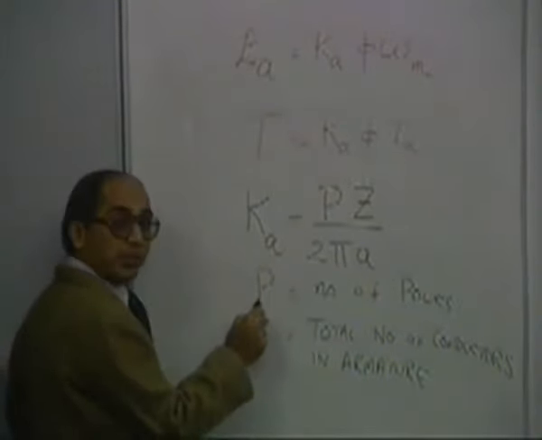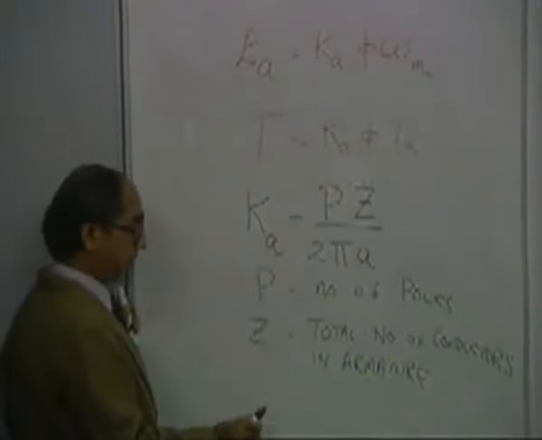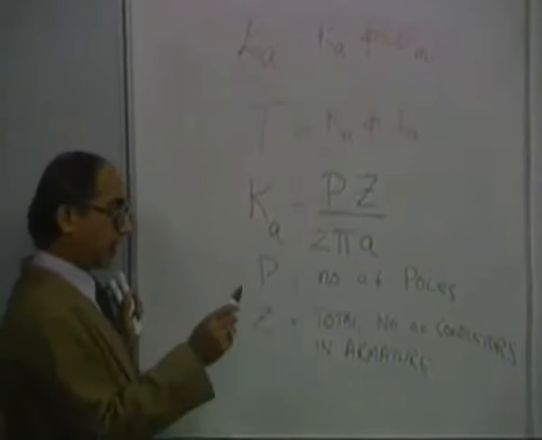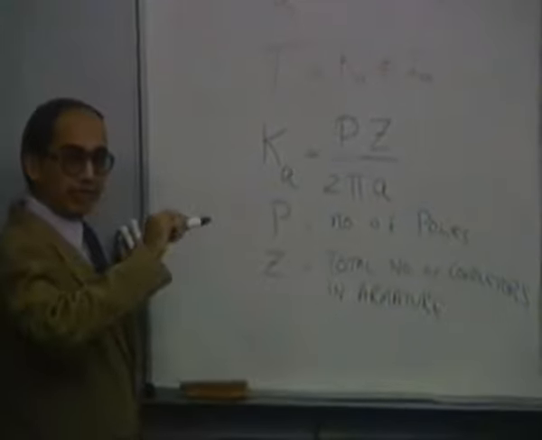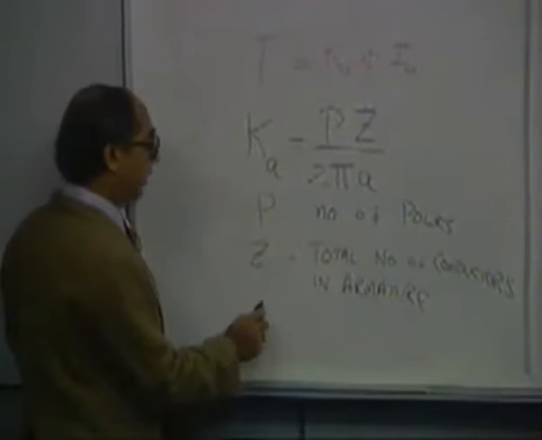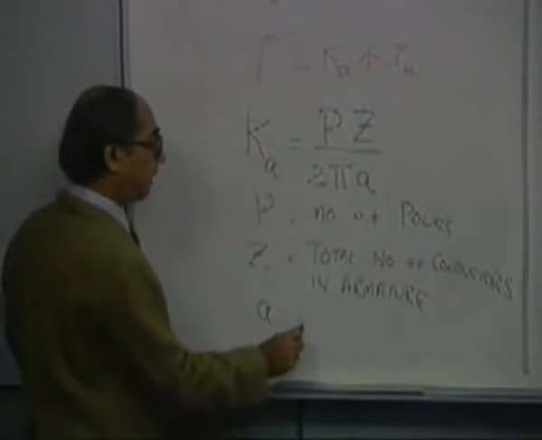This is fixed by the design. Z is the total number of conductors placed in the periphery of the armature inside the slots, and A is the number of parallel paths.